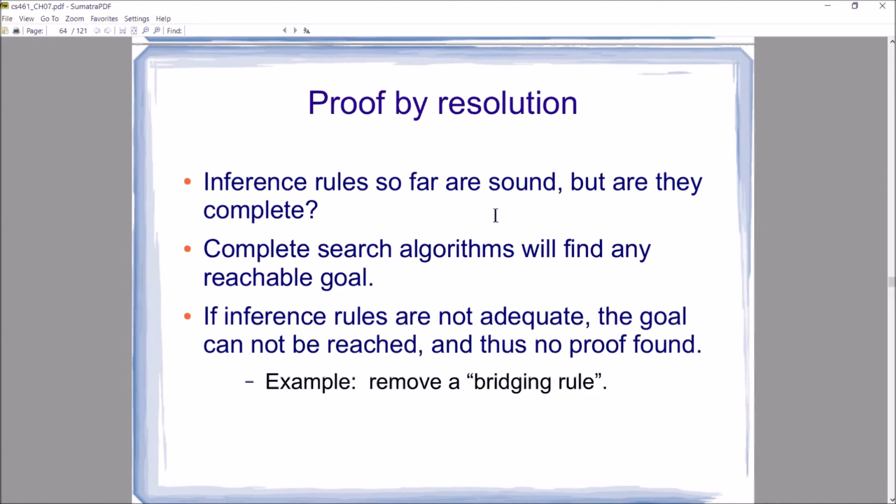When we have that rule and we pair an inference algorithm with one of the complete search algorithms from chapter 3, then we have the ability to make sure that we will find our goal. So if our inference rules are adequate, we can reach the goal, and therefore we can find a proof. The rule that we're going to use for that is called resolution.